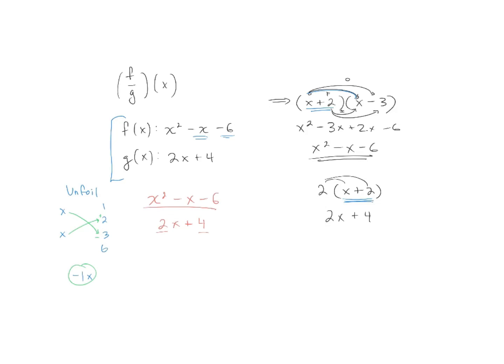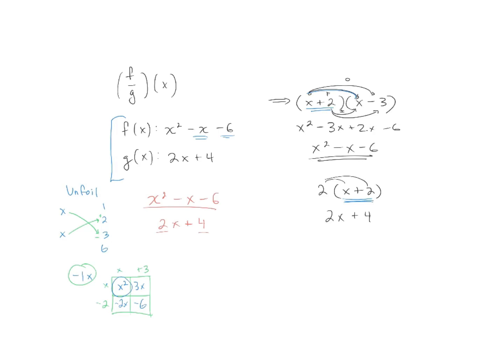There is another method, this box method, in which you'll put your x and x here, and then you'll test some of your factors. Let's say we test a positive 3 and a negative 2. We do x times x, x squared, positive 3 times x, 3x, negative 2 times x, negative 2x, and then the positive 3 and the negative 2, we get negative 6.